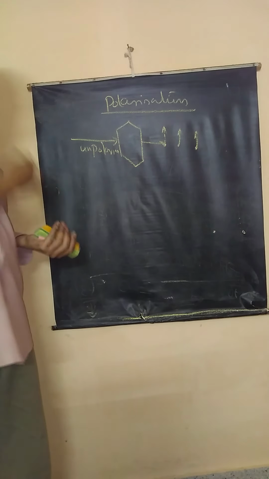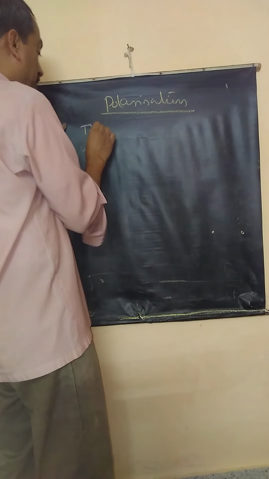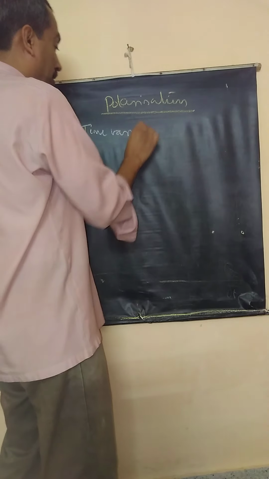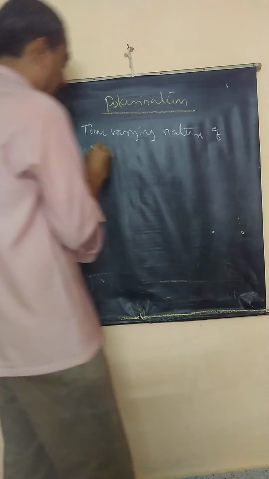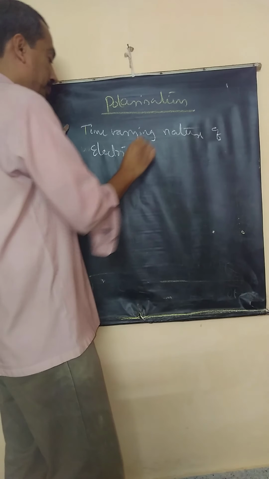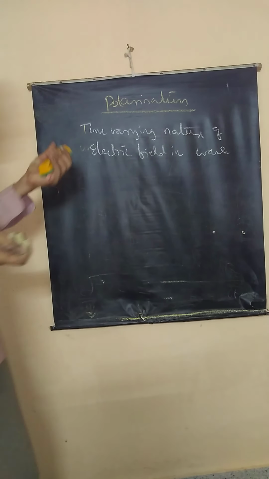Now, with reference to an electromagnetic wave, how do we explain polarization? Polarization represents the time varying nature of the electric field in an electromagnetic wave, correct? How does the electric field vary?